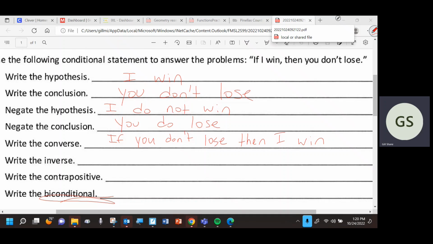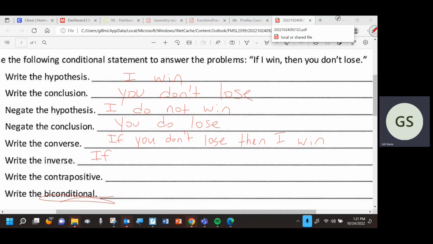So what's the negation of the hypothesis? What would that statement be? If my hypothesis is I do not win, well, we already did it. We negated the hypothesis right there. We already have what we need. So I would use the negated hypothesis. So that would be if I do not win.